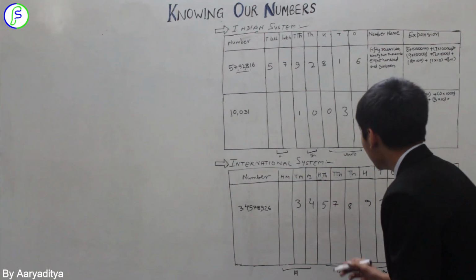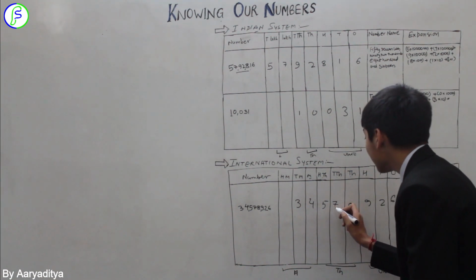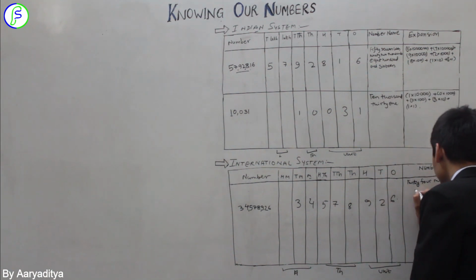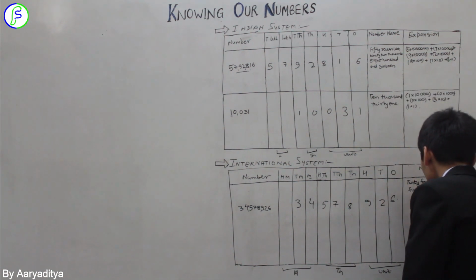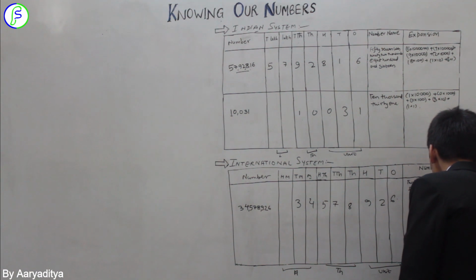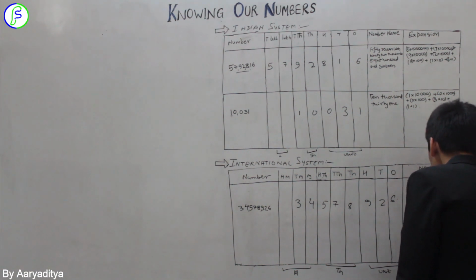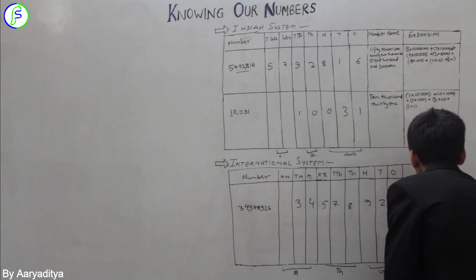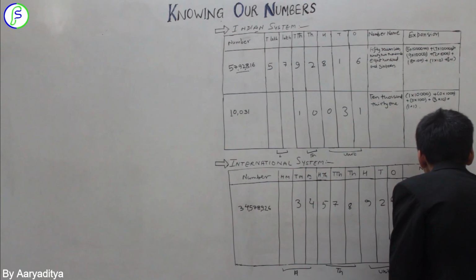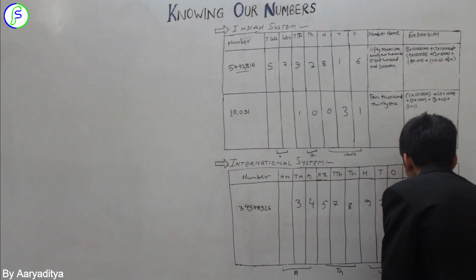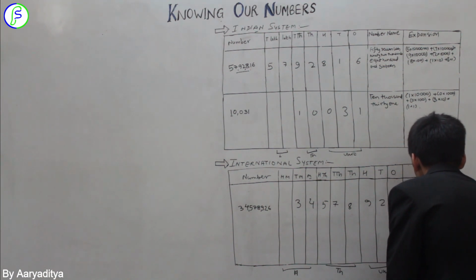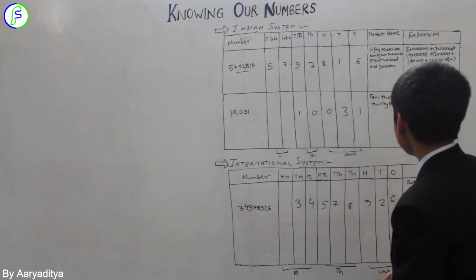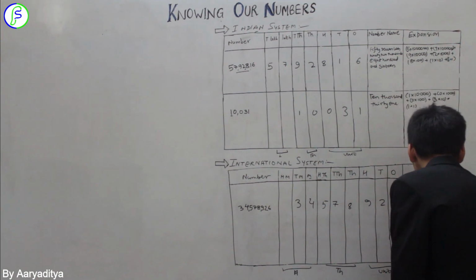Coming to the next group, it is 578. So how would we call it? It would be called 578,000, and in the third group, the unit group, it's 926.